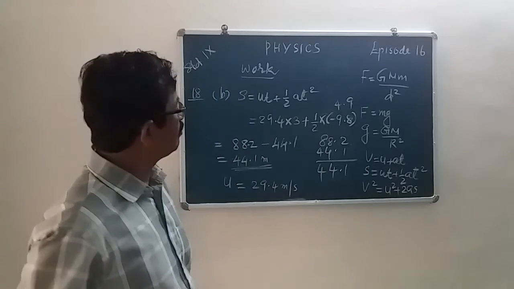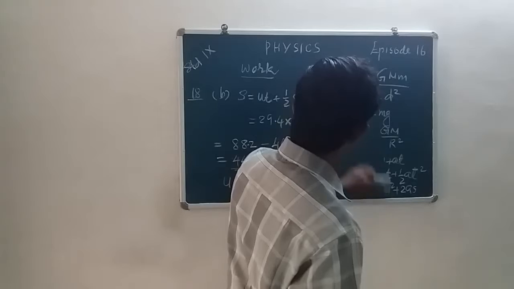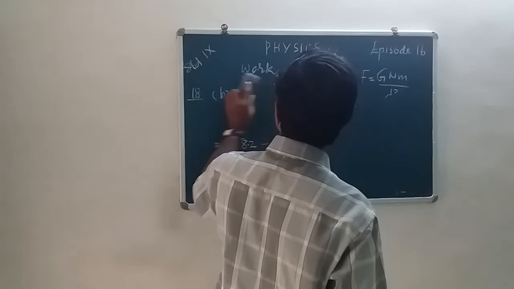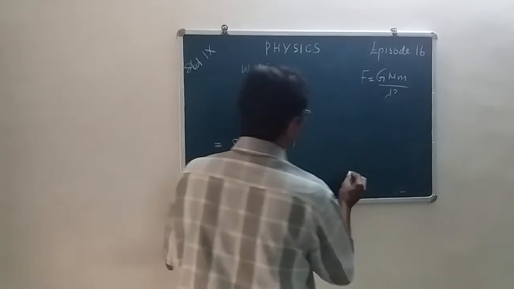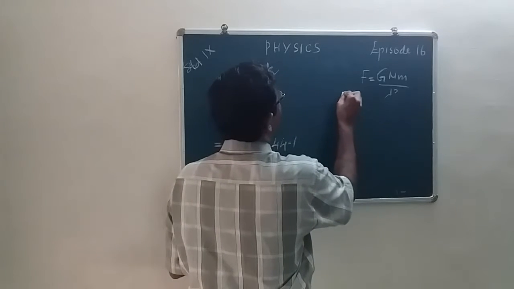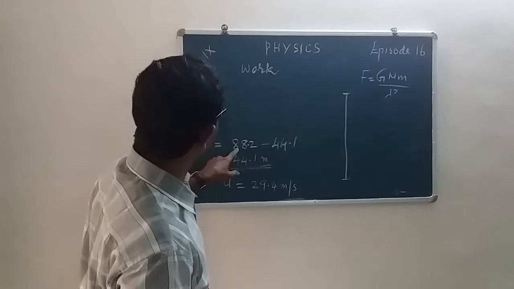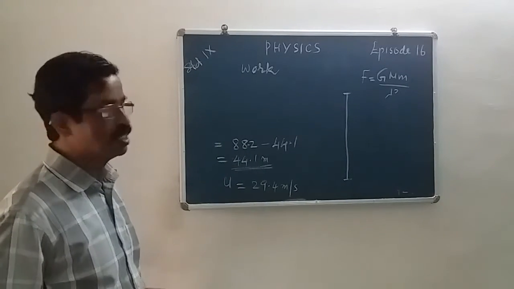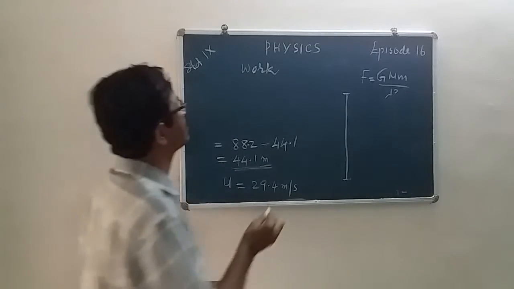second. That means after 4 seconds, where is the stone? To find the position of the stone after 4 seconds, see, from here the stone starts, and after 3 seconds it reaches a height of how much? That means the stone reaches a height S equal to 44.1 meter.